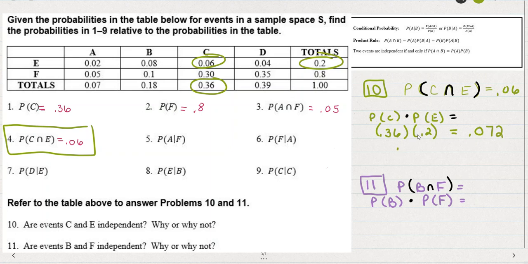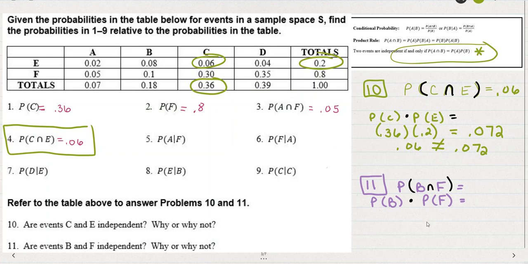And so the probability of C and E, 0.06, does not equal the probability of C times the probability of E. So we can see that they're not independent events because the product rule didn't work out.